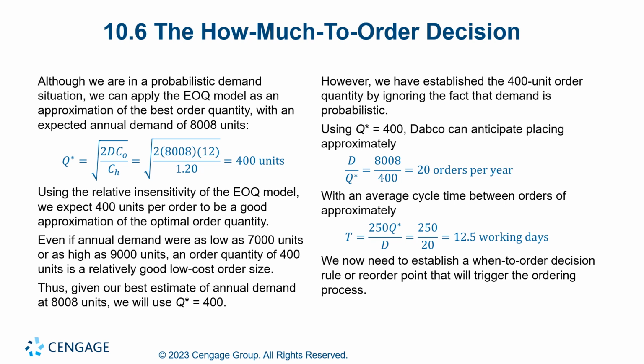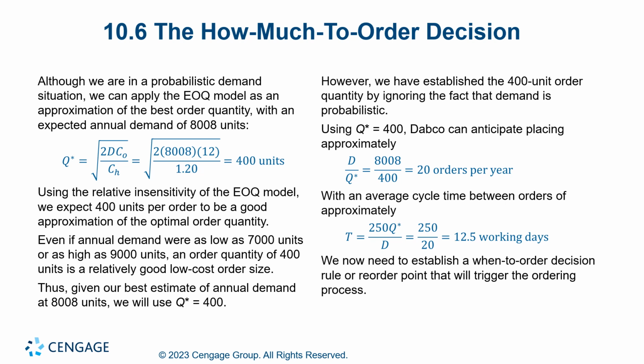If we consider the sensitivity of the EOQ model, we learned that the total cost of operating an inventory system was relatively insensitive to order quantities somewhere near Q optimal. Using this knowledge, we expect 400 units per order to be a good approximation of the optimal order quantity, even if the annual demand were as low as 7,000 units, or as high as 9,000 units.